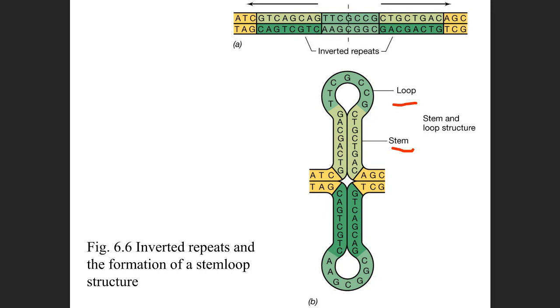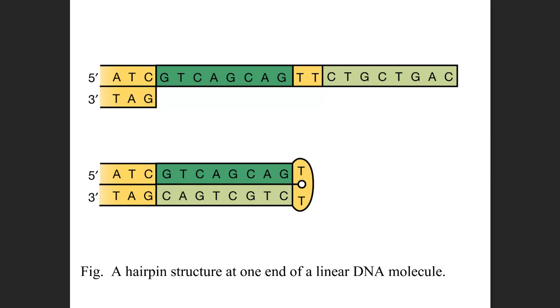It's almost like two Scotch tapes: if you separate them and dangle them around, they will stick together. If the end is complementary, one part can fold back and stick together and form a hairpin structure. So this is not called stem loop. This is called hairpin. This is really like a hairpin.